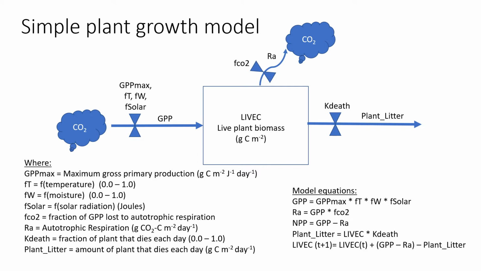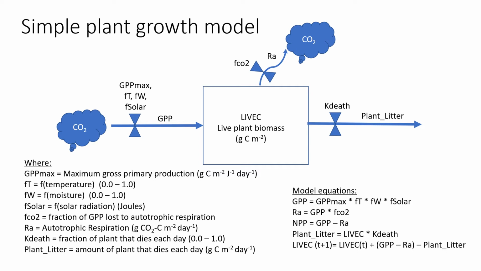GPP has some controls on it. We usually think of a plant as having a maximum GPP rate or a maximum photosynthetic rate. Some plants can fix more carbon than other plants. Some plants grow faster than other plants.